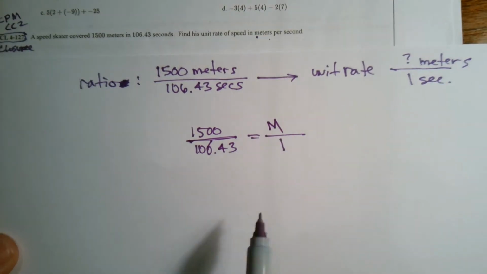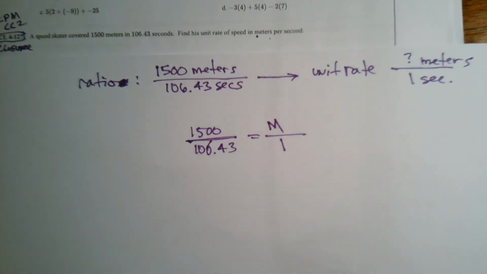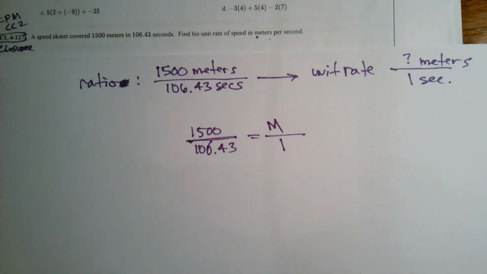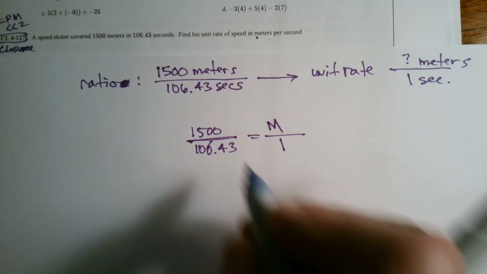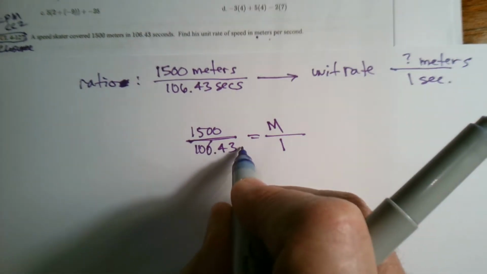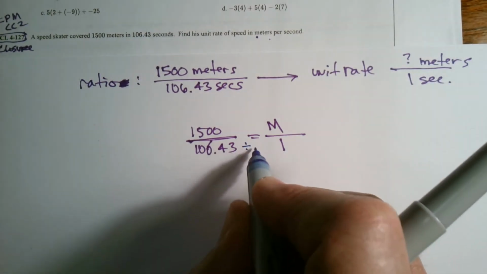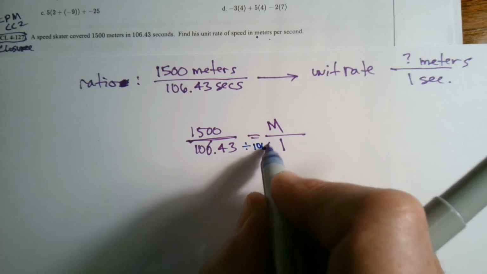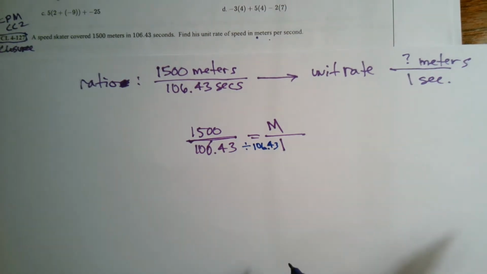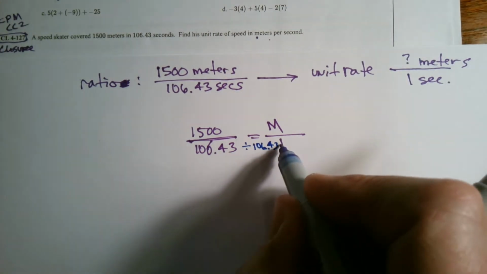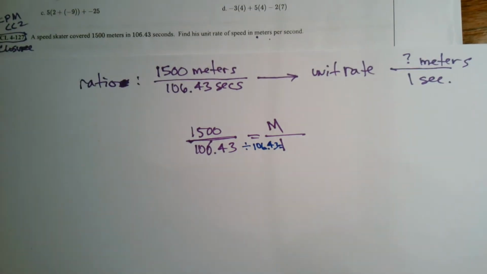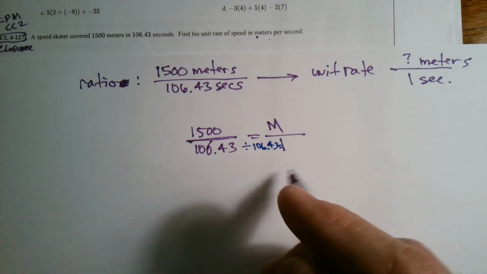What is that? Well, if you think about the properties of a fraction, I can take this denominator and get it to be a 1 by dividing by itself. Dividing by 106.43 will then equal 1.